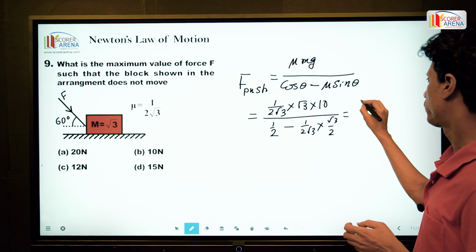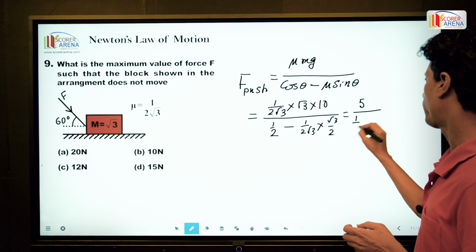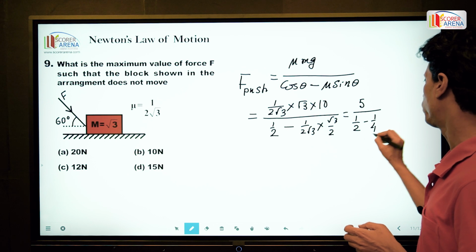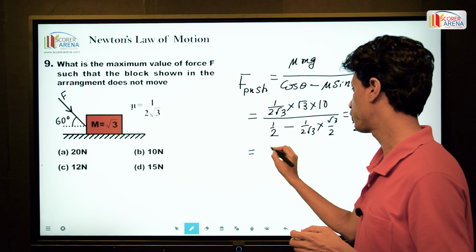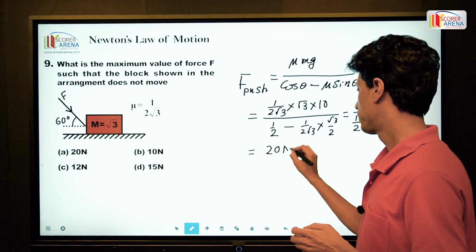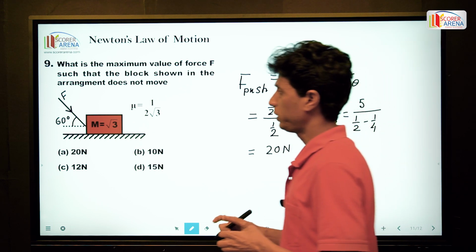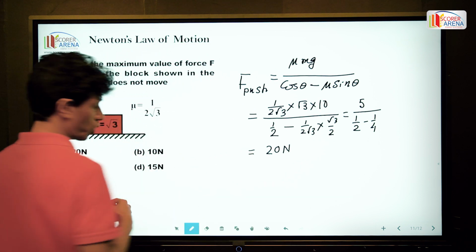It is 5, and 1 by 2 minus 1 by 4. So therefore this is the maximum pushing force that can be applied on the body so that the body does not move.